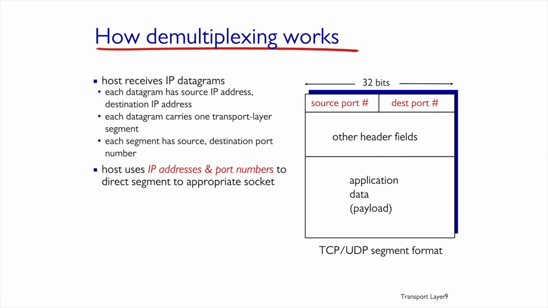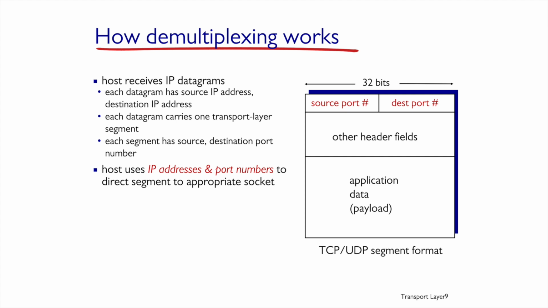So how does message demultiplexing work? The host receives an IP datagram, which is a message on the network layer level. Every datagram contains the IP of the sender, the sending host address, and the IP address of the host that the datagram should arrive at, the receiver.